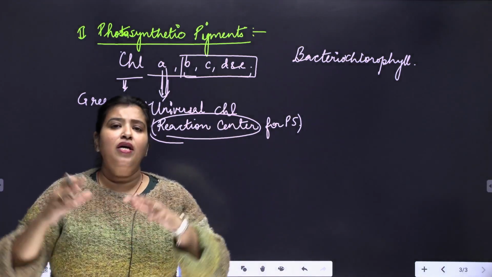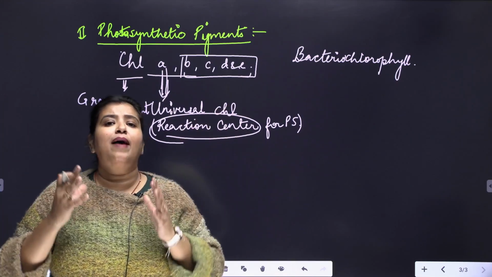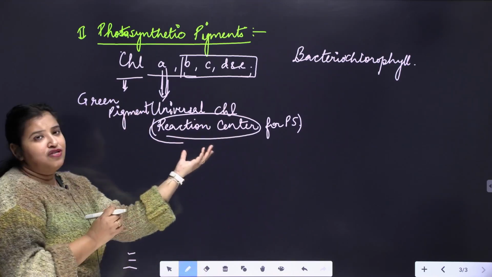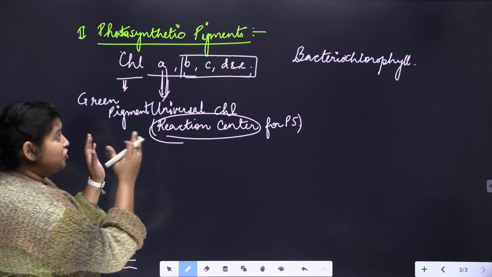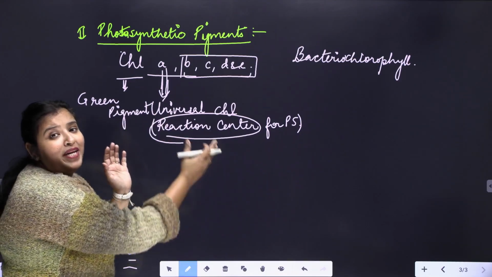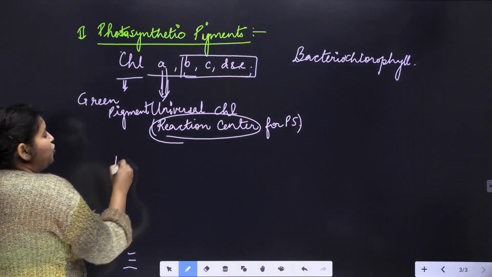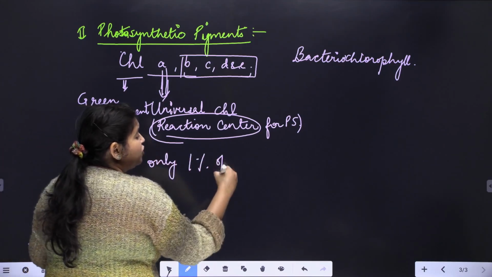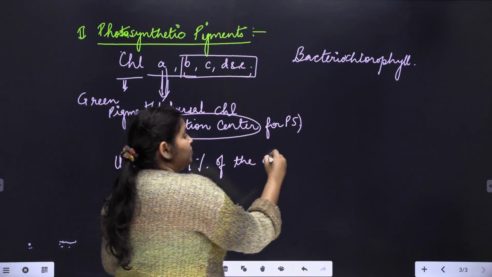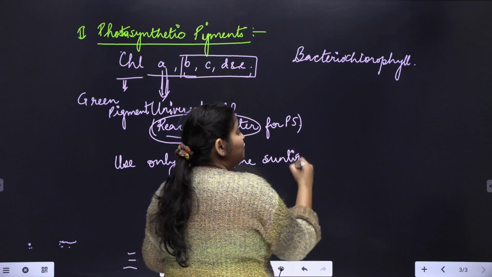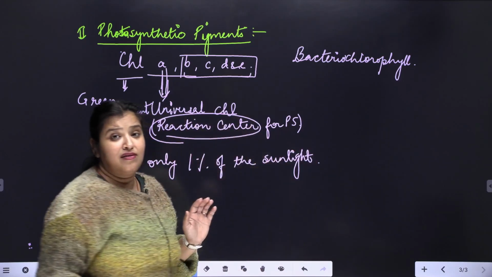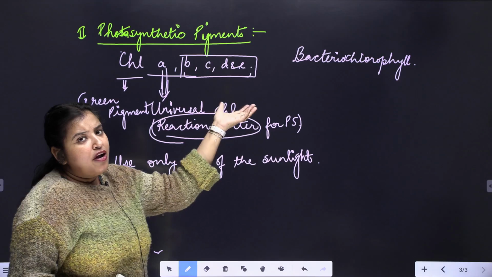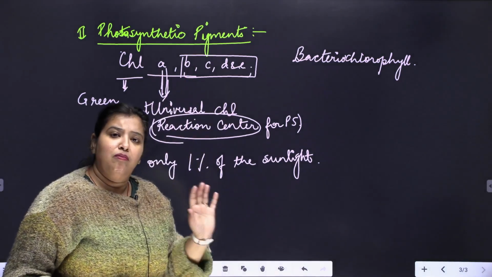So A is also trapping, and along with that, other molecules also trap the sunlight and then transfer it to the reaction center, chlorophyll A. Just imagine, after having so many types of pigments, plants can use only 1% of the sunlight available. Only 1% of sunlight is being used in photosynthesis. So these pigments are trapping the solar energy and transferring it to chlorophyll A molecules.